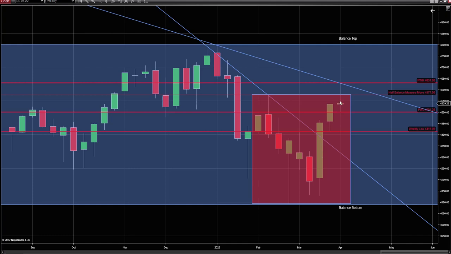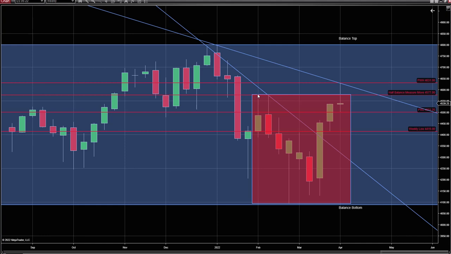Currently the monthly and the weekly are both one time framing higher. But I've drawn an additional zone here, which is sort of balance. It is my view that the market could have a short term balance within this zone as long as it does not breach this high.